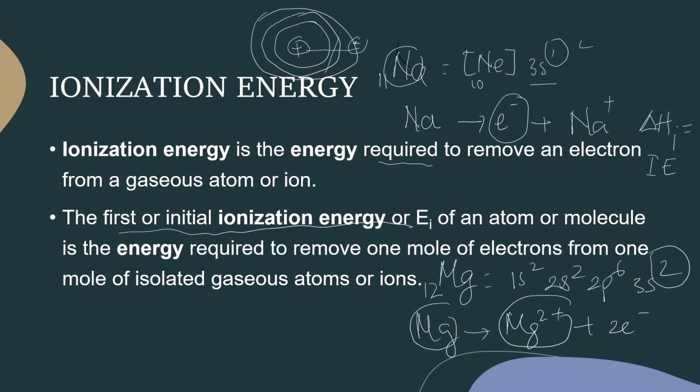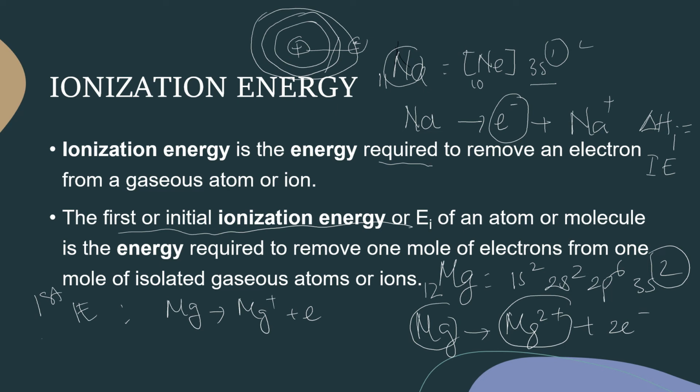So we'll need two types of ionization energy. The first is the first ionization energy. We can write the equation as Mg to Mg+ plus an electron. And the second one releases the second electron. The second electron will come from Mg+.